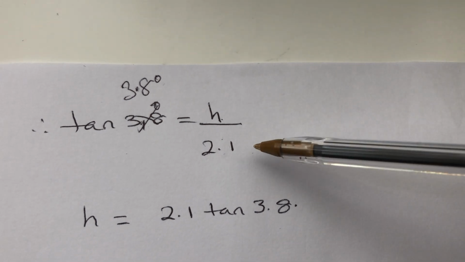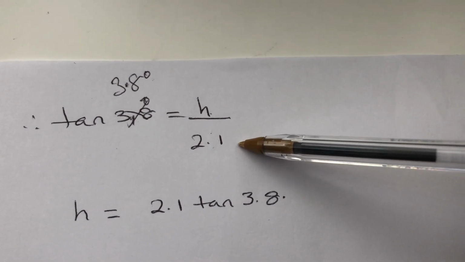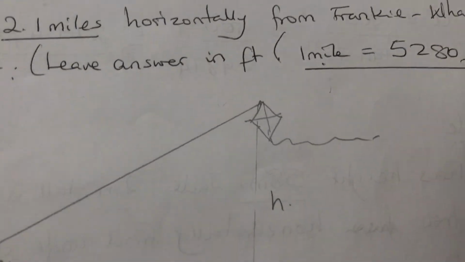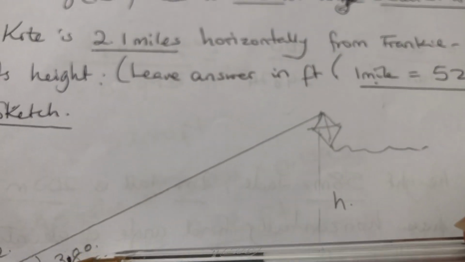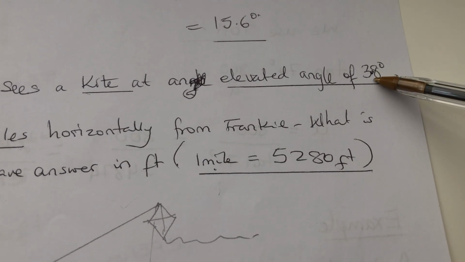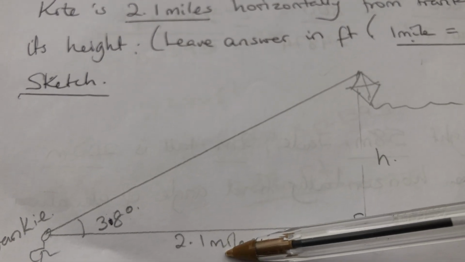That is why you should follow my notes. The height, this height here, and that is the angle of elevation. The question says 3.8 degrees, and 2.1 miles.